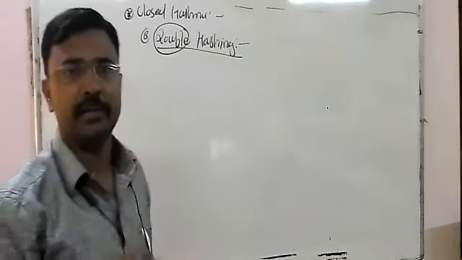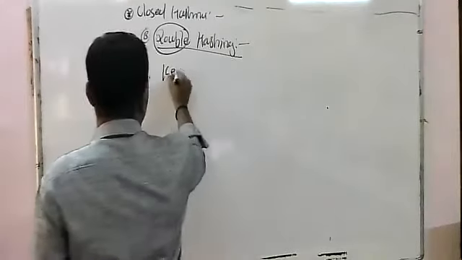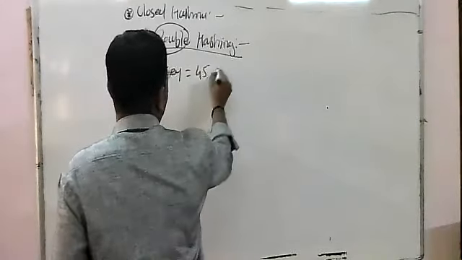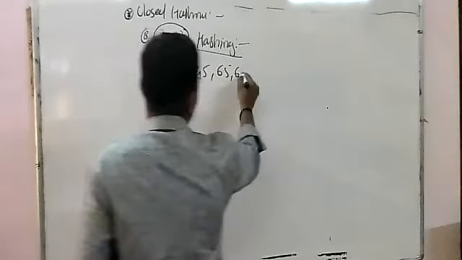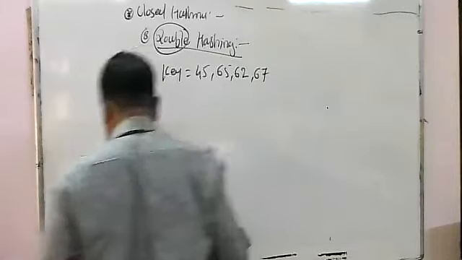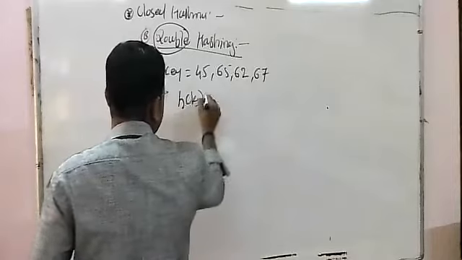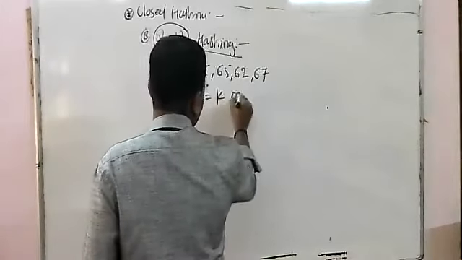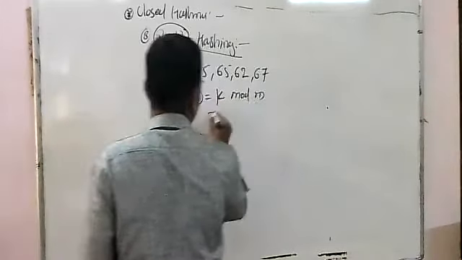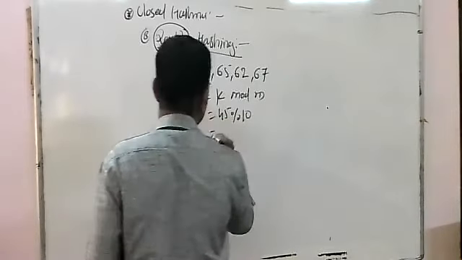For example, T is equal to 45, 65, 62, 67, maybe any value. The first hash function we are going to do is k mod m, so 45 mod 10 is equal to 5.